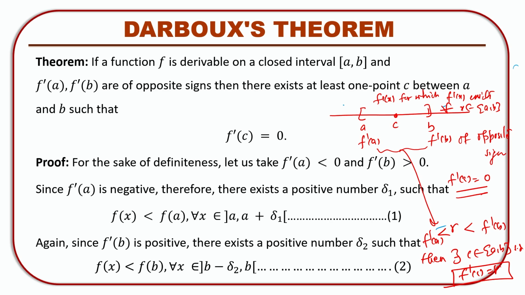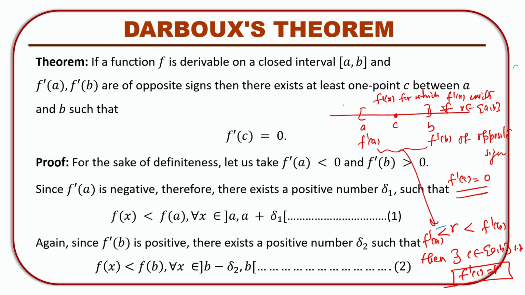So the proof of this statement totally depends on the infimum. That means we have used that any continuous function in a closed interval is going to be bounded, and if it is bounded in a closed interval, then it must have some bounds, lower bounds or upper bounds, so there must exist some infimum as well as some supremum. Once we show that this infimum is the same number for which f'(c) is going to be 0, that was the proof.